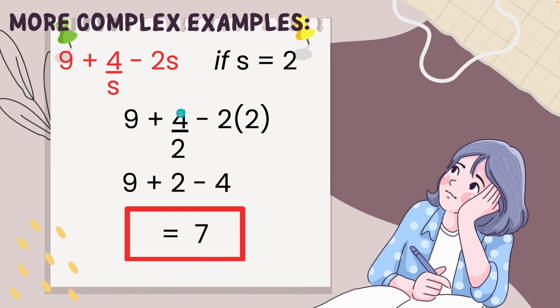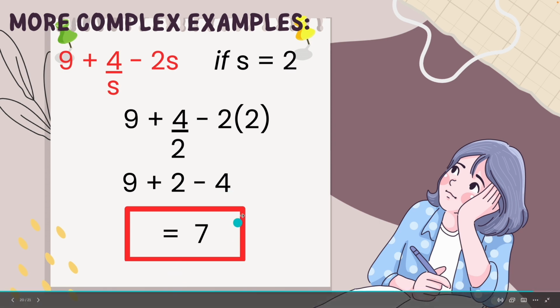So let's solve first for the division and the multiplication. So we have 4 divided by 2 is 2. Then 2 times 2 is equal to 4. Now let's bring down 9. So that will be 9 plus 2 equals 11 minus 4. That is equal to 7.